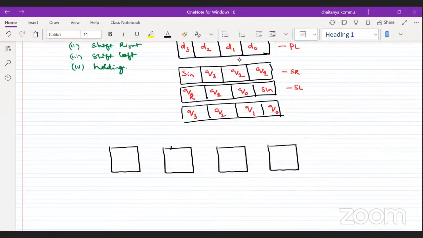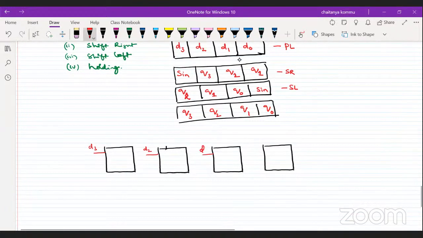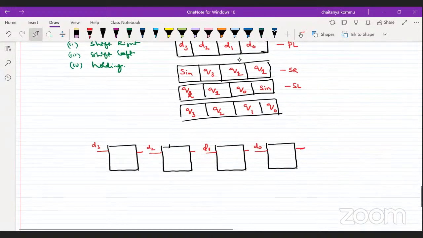Four flip-flops, right? What is the content of the flip-flops now? It is actually D3, for example, D3. It is called D2. It is called D1. This is called D0. This is a Q, Q, Q, Q.